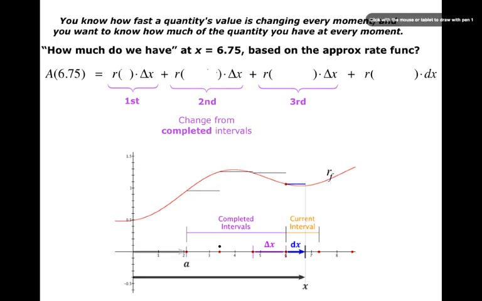So here's the first interval, second interval. The third interval is the one I'm showing as delta x. And then the change from the current interval. So we're going to calculate the little bits of accumulation from the completed intervals, and then a little bit more from the partial dx width within the current interval. So this is the overall strategy. Change from completed intervals plus change from current interval.